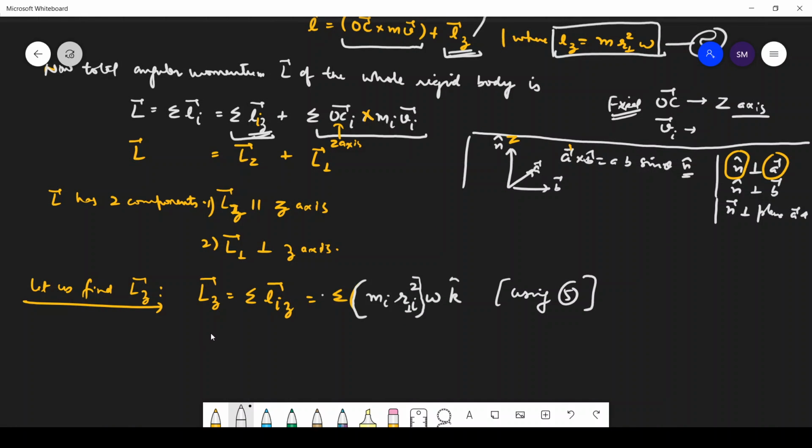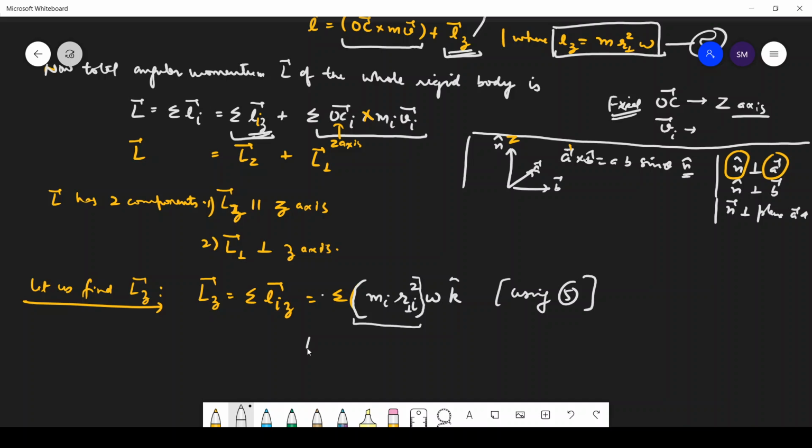I hope you are writing along with me. That is why I am so slow, and I hope you are understanding it properly. Now, what is this summation MiRi squared? So it is your moment of inertia.